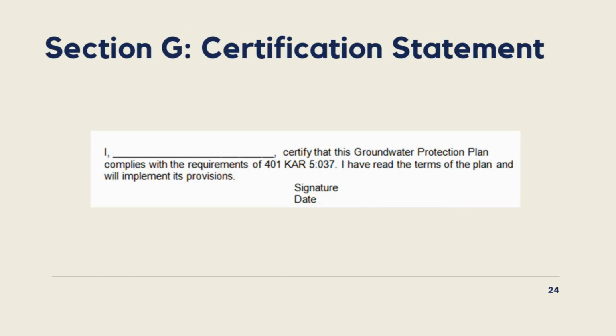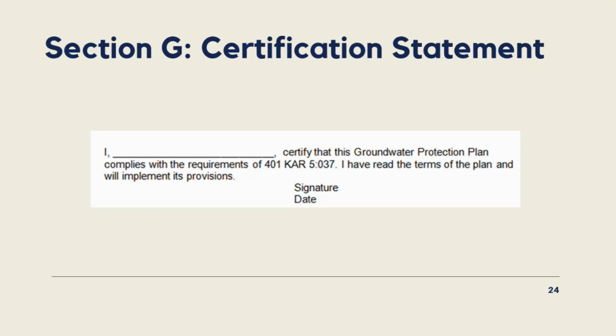This is a requirement on all GPPs that gets left out on first submission, probably like 80% of the time. It's just a general certification statement that is a signature and a date that says you have read 401 KAR 537 and you certified that the GPP follows it. It's all it is.